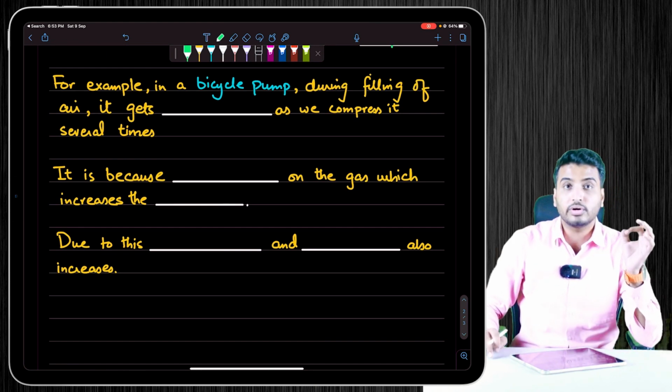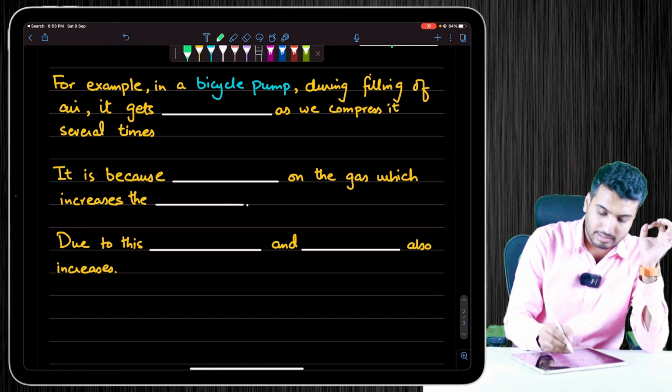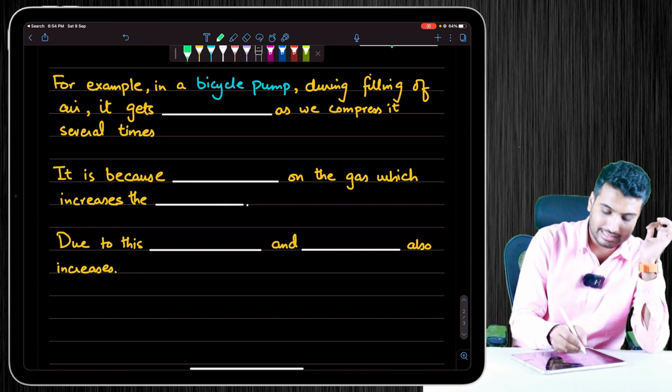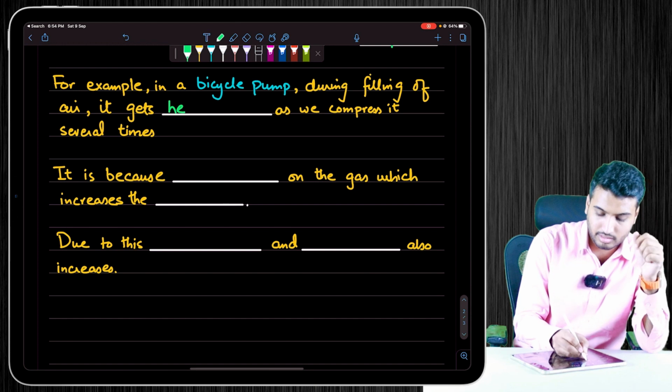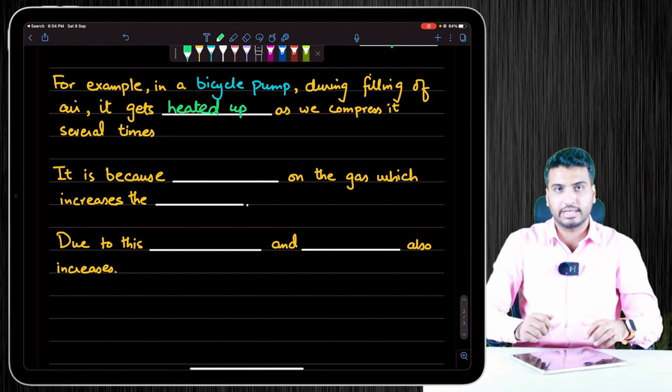Alright. So for example, in a bicycle pump, during filling of air, it gets heated up as we compress it several times.